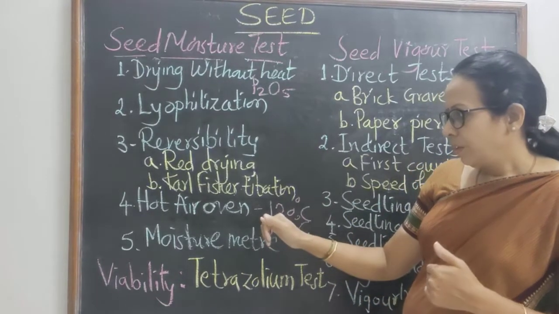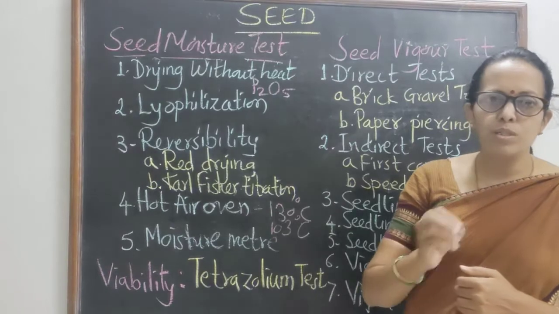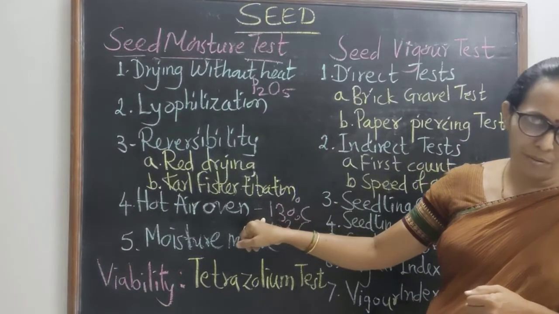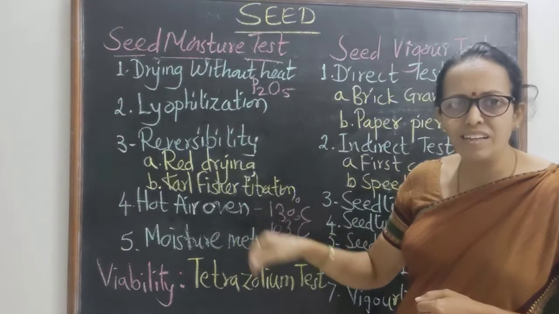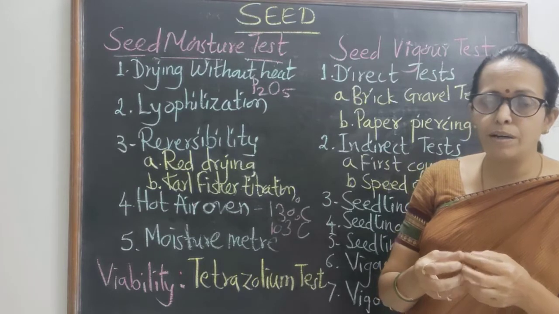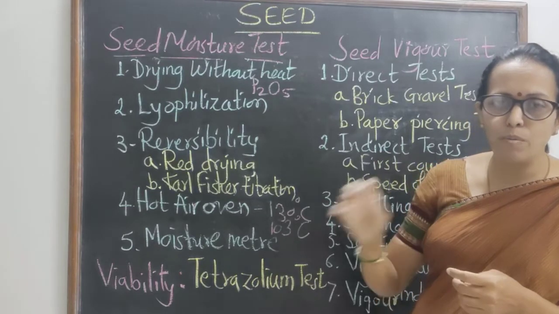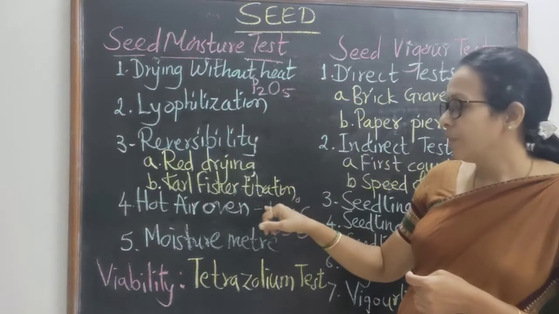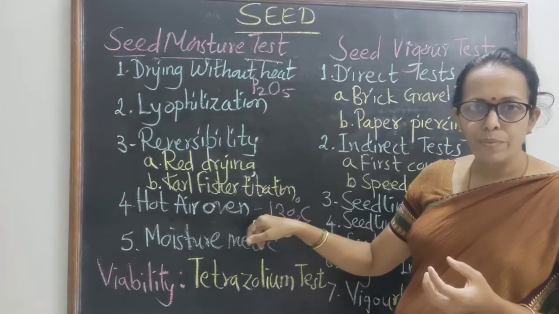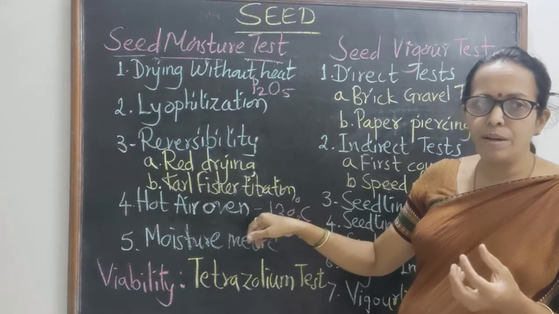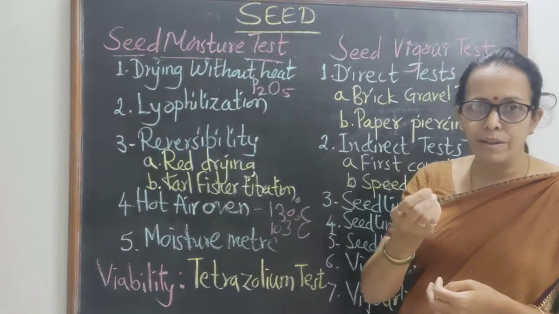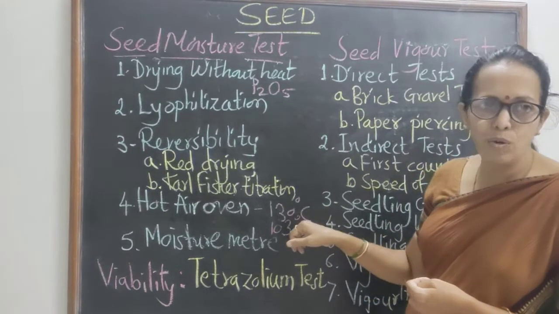Here you are going to use samples which are ground. You are not going to take the seeds directly. You are going to grind them with laboratory mills. Very small grinding mills are available. There you are going to prepare the sample, that is flour, after milling, and the different sizes of the flour granules are also maintained over here.